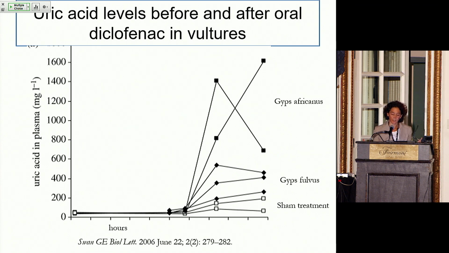And so what you're looking at here is several gyps vultures that have been given diclofenac, and after they eat it, the uric acid levels, and this is in milligrams per liter, so milligrams per deciliter, which is what we use. So instead of 1,400, it would be 140. All right, so we're seeing very high levels of uric acid before these vultures die. All right, so they hone in on diclofenac.